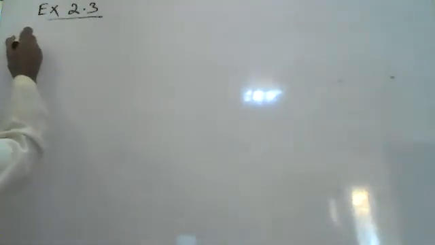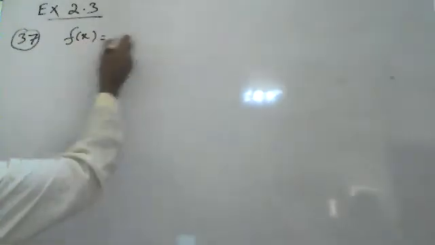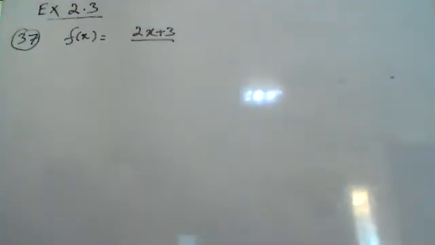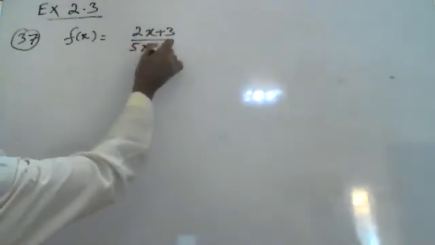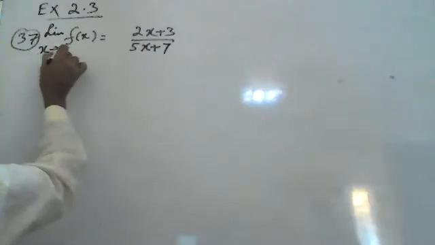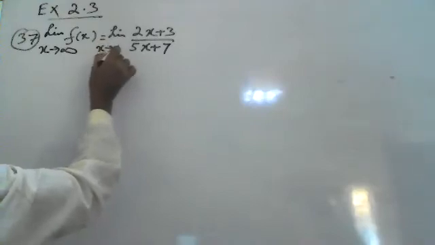We are doing exercise question number 47. f of x is equal to (2x plus 3) upon (5x plus 7). Limit x tends to infinity.